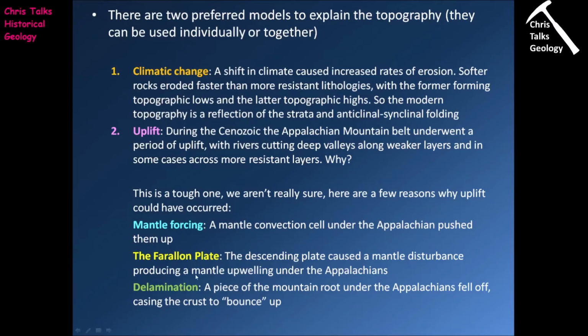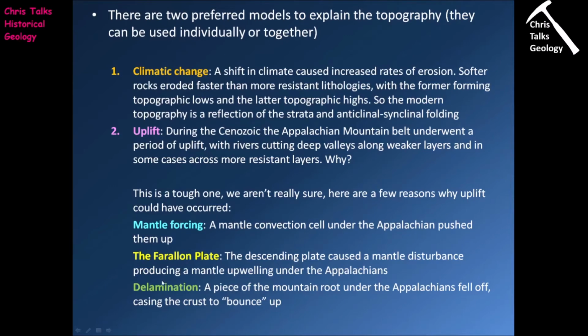Option number two is that it could be something to do with the Farallon plate. Although it was subducted under the west coast of North America, it was subducting in an easterly direction. So it was diving down, and eventually, deep down in the mantle, it will make it essentially directly under the area which is underlain by the modern-day Appalachian region.